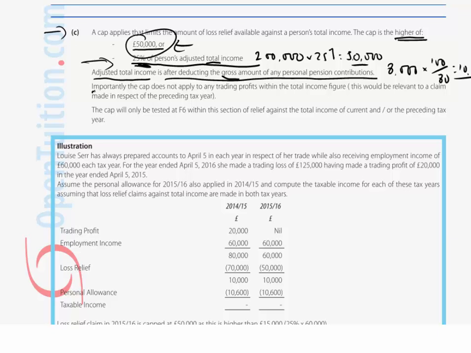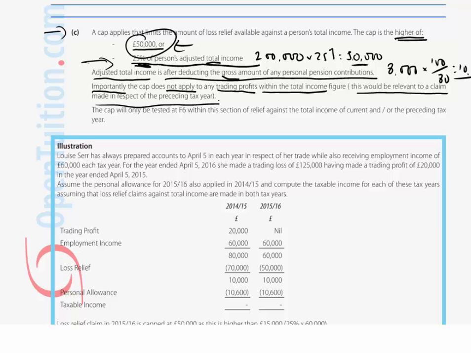Now, importantly, the cap does not apply to any trading profits within the total income figure. Where this will be relevant, and I'll show it to you in a moment in our example, is in a claim made in respect of the preceding tax year. In the current tax year, when you make a trading loss, the trading profit assessment is nil.